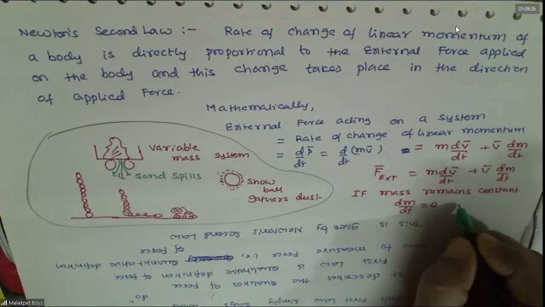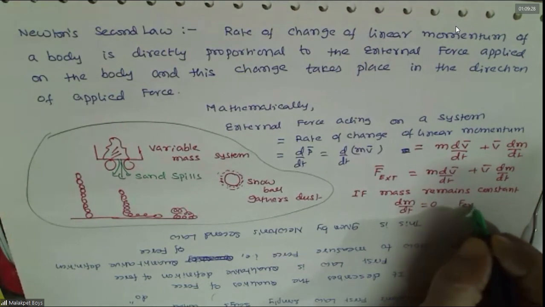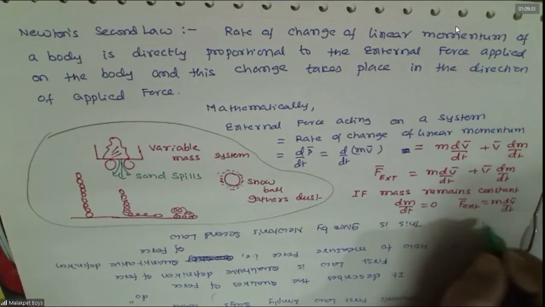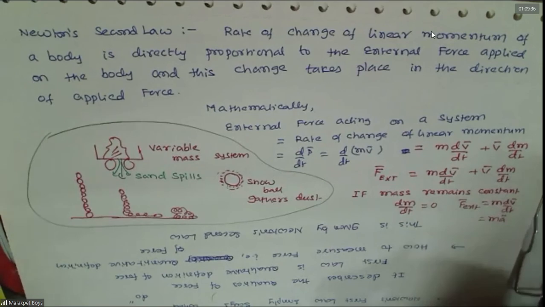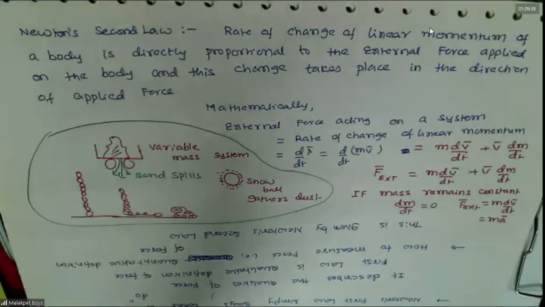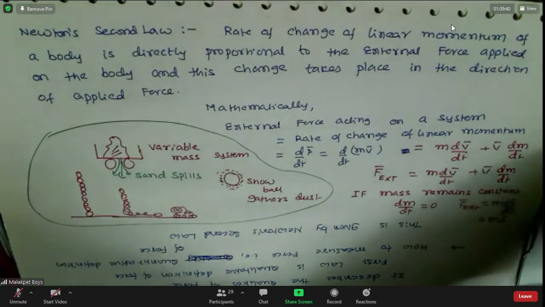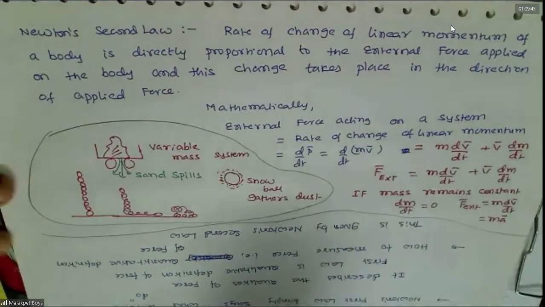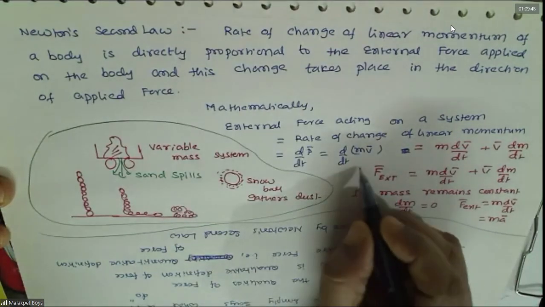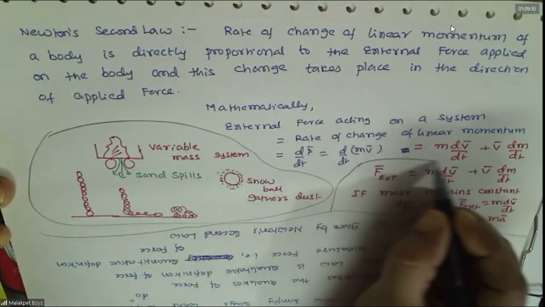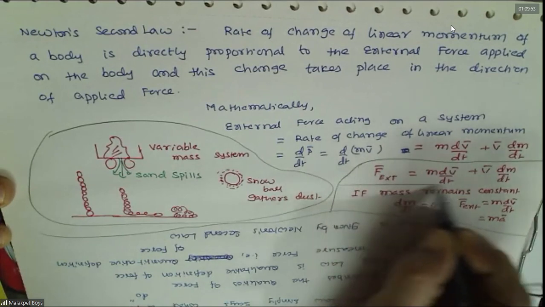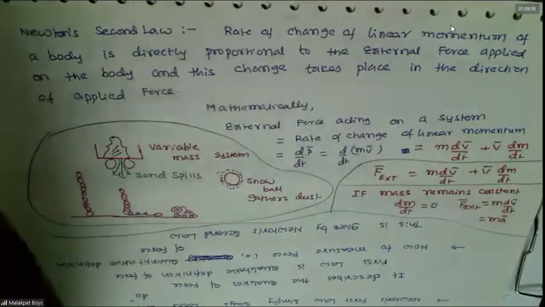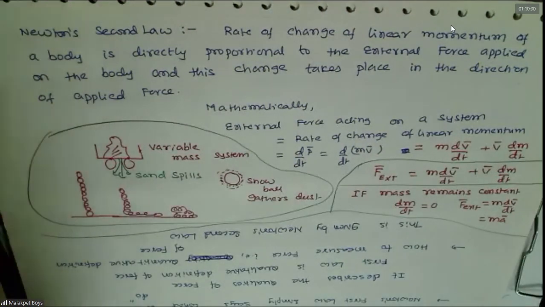In such a case, F external is m dv by dt. So F equals ma is valid only if the mass is constant. It is not applicable for variable mass systems. This is for variable mass, and this is for constant mass. Is it clear?